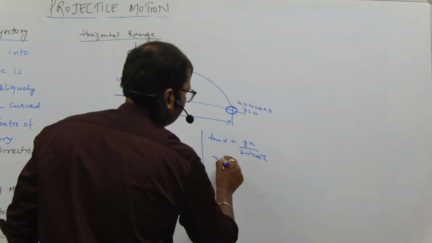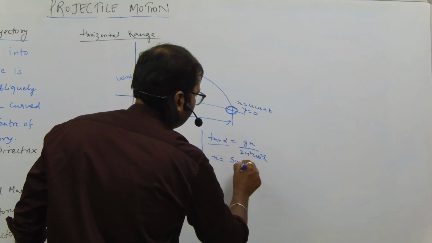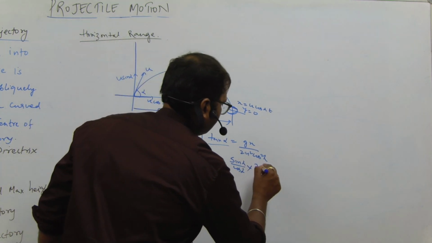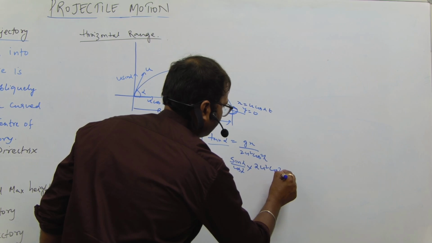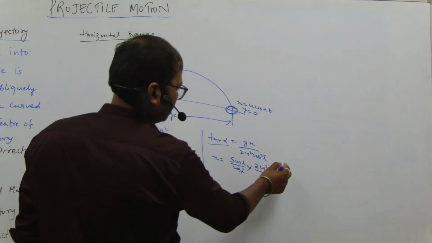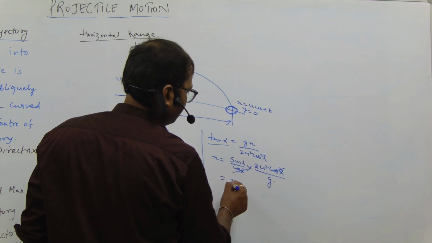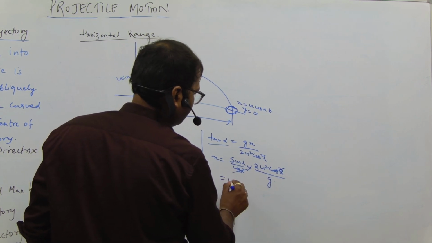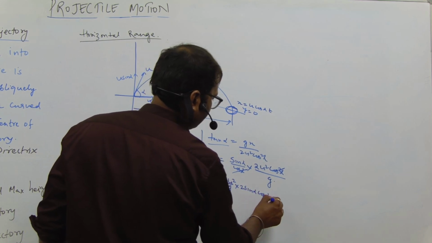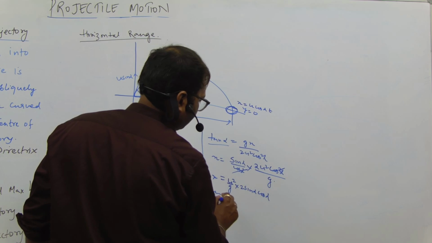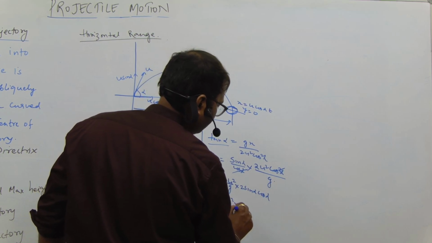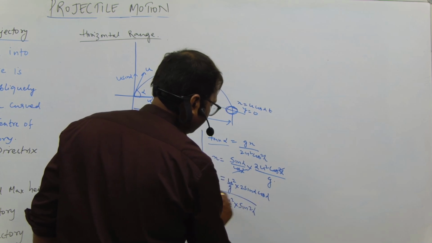So x is equal to tan alpha, which we can write as sin alpha upon cos alpha, into 2u square cos square alpha upon g. Okay, so this gets cancelled. So this is equal to u square upon g into 2 sin alpha cos alpha. So x is equal to u square upon g into sin 2 alpha. So this is our range.